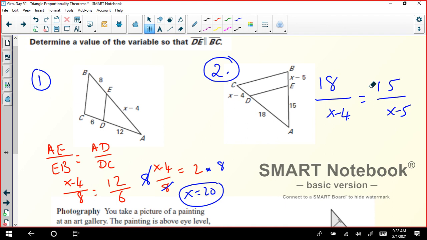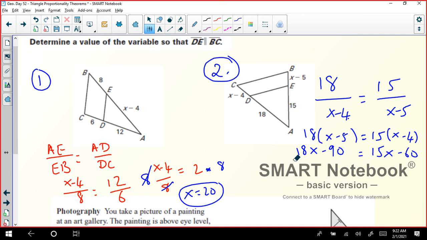We have to cross multiply to get 18 times x minus 5 equals 15 times x minus 4. Let's simplify further to get 18x, and 5 times 18 is 90, so negative 90 here, and this is 15x, and 15 times 4 is 60.